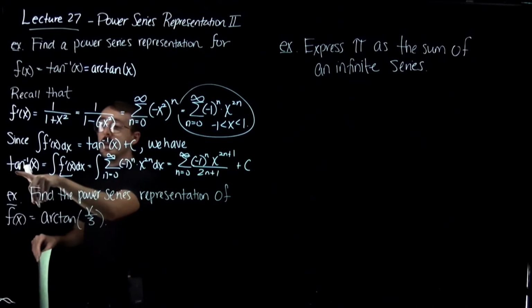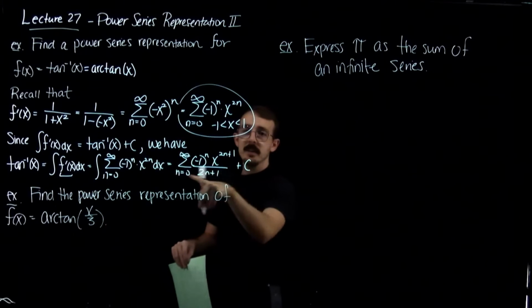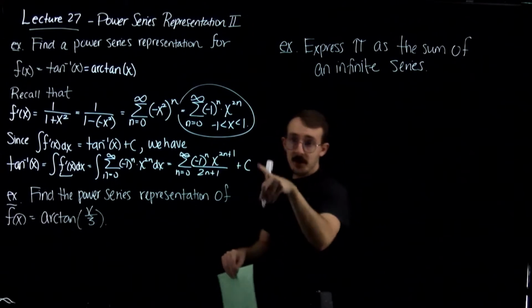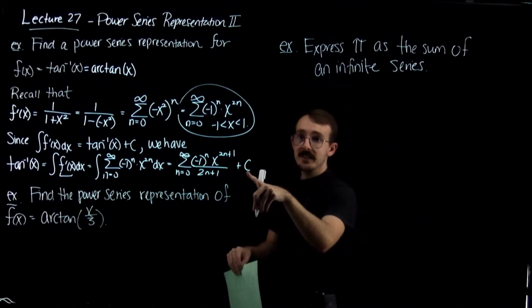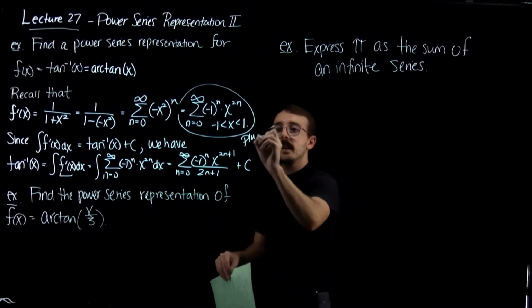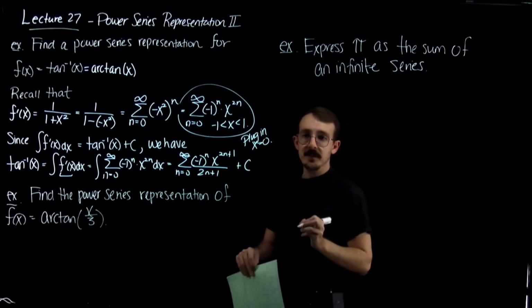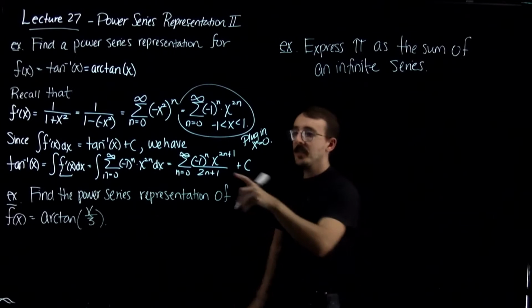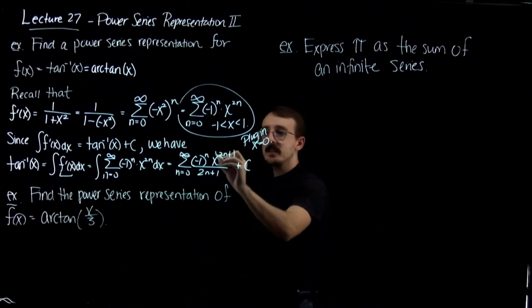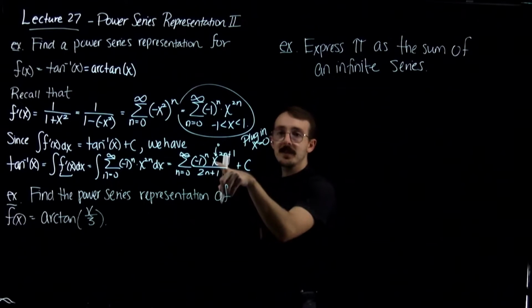So I have that the arctangent of x is equal to this here, and I'd like to determine what this c is. What I could do is plug in x equals 0 into this equation to figure out what that constant c should be. If you plug in 0 for this x, you'd get the 0 series, just 0 plus 0 plus 0.